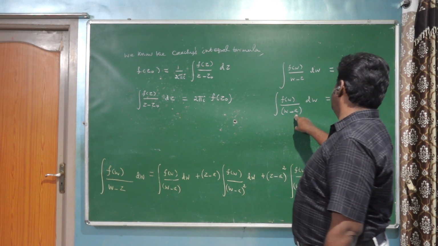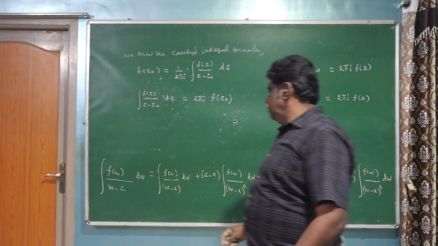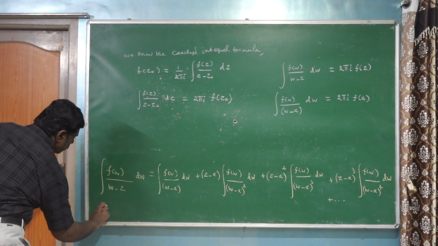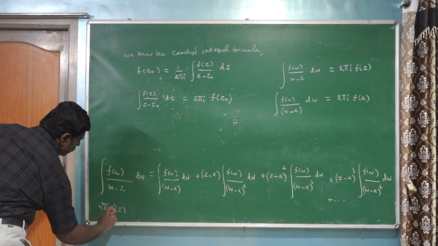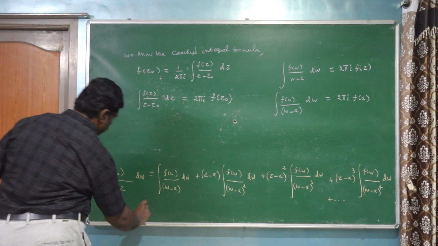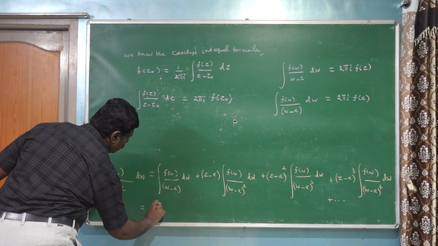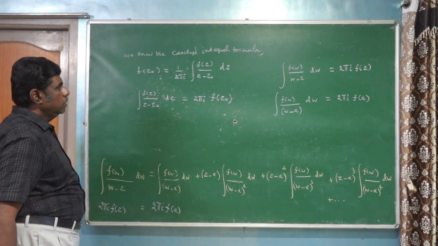The subtracting term is a, so f of a. This is 2 pi i into f of z, which is equal to the first term, 2 pi i into f of a.